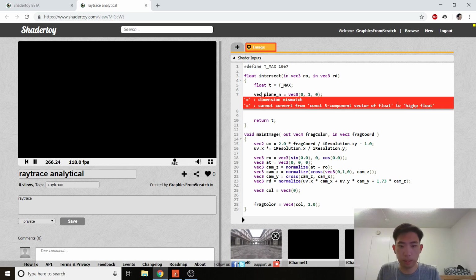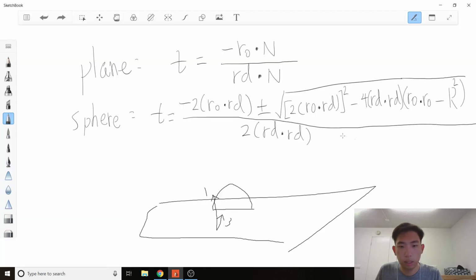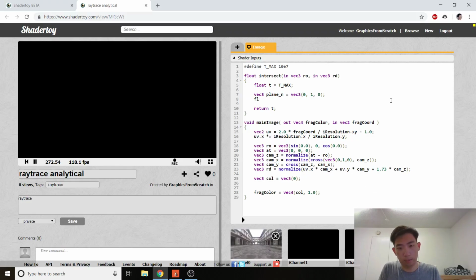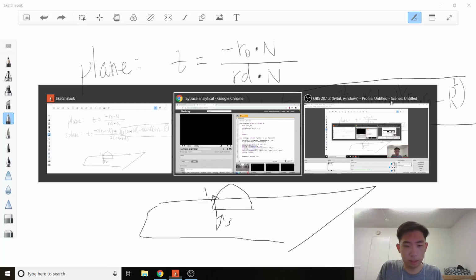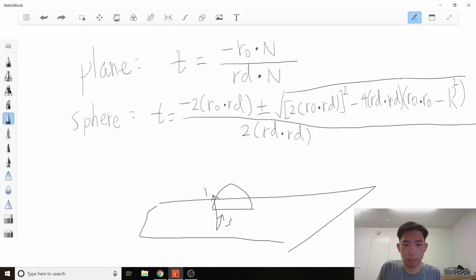Oops, it's vec3. And the denominator is rd dot n, so denom. Let's put a bracket so that we don't share the same namespace as the sphere intersection routine, since we know both intersections are going to happen here.